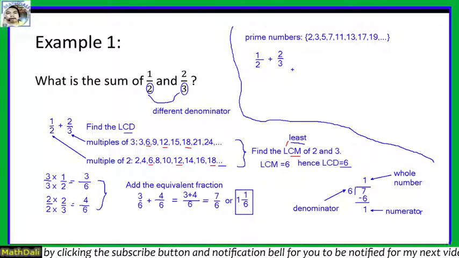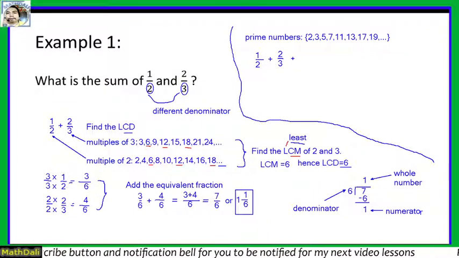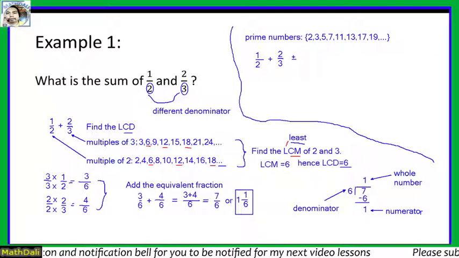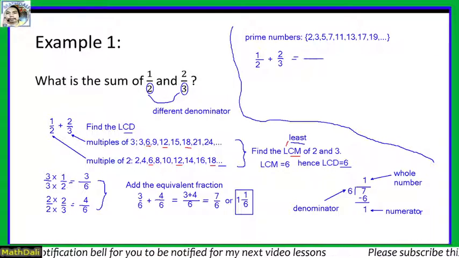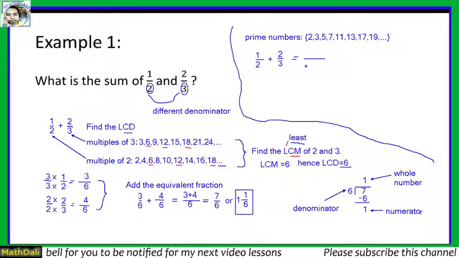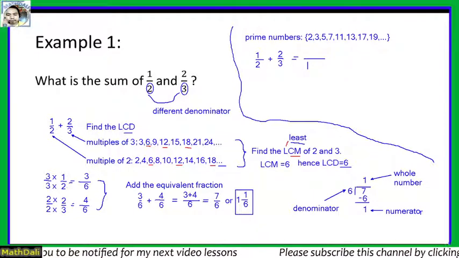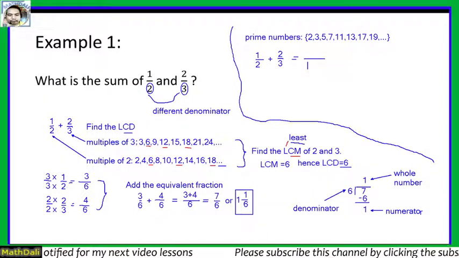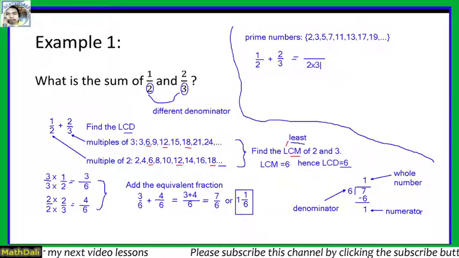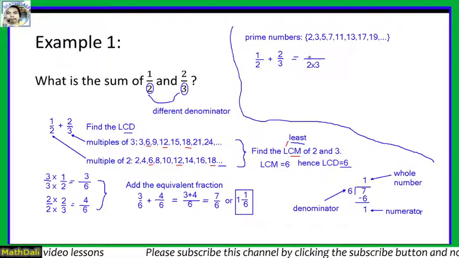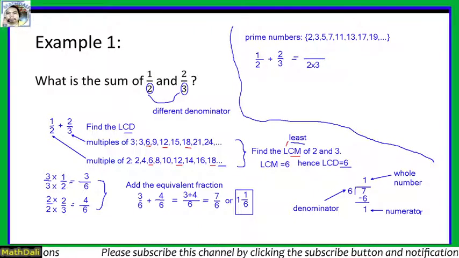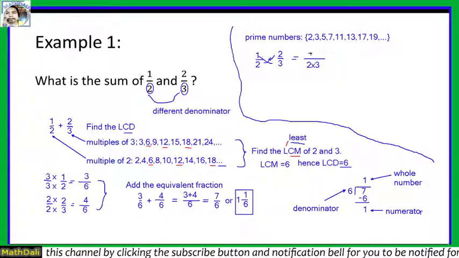Okay, so all you have to do is to find the product of the denominator. Mumultiply lang natin yan. So we have 2 multiplied by 3, yung ating denominator. Then sa taas naman, cross product lang tayo. Ito ay mumultiply natin doon. Then yung 2 ay mumultiply natin doon. I-add natin yung sum.